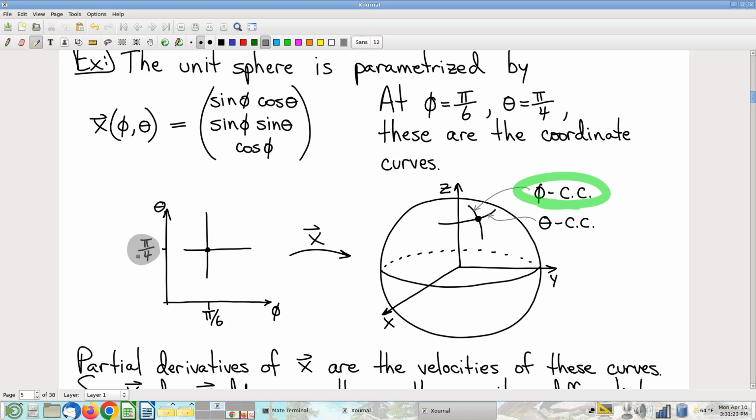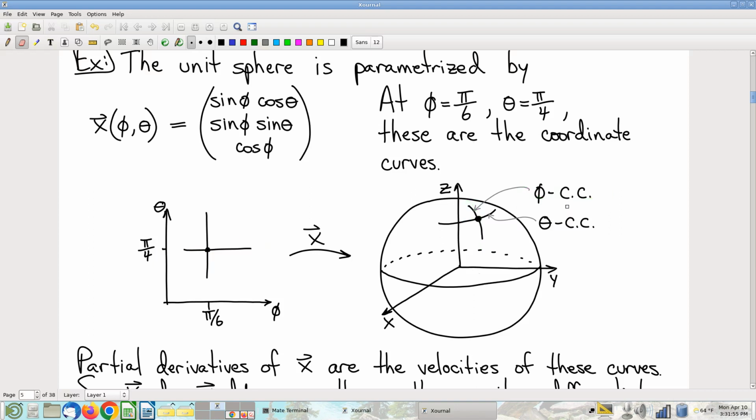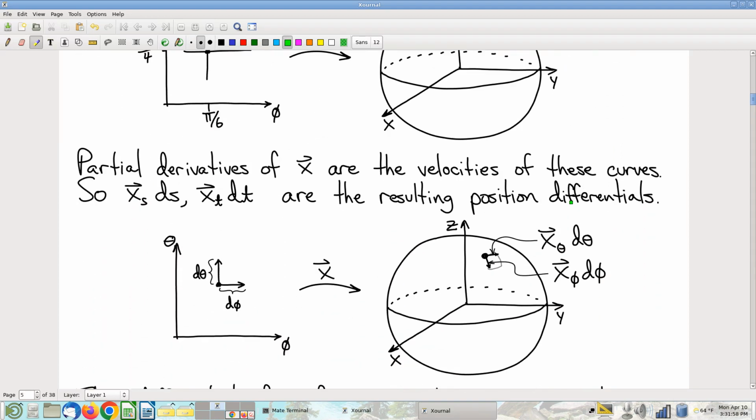So we're going to fix theta at pi over 4, not allowed to change. Phi can then vary, and as phi varies, keep in mind theta being constant, theta being this value pi over 4 means that we're stuck on this pi over 4 half plane. And as phi increases, we kind of go down like that. So that's our phi coordinate curve.